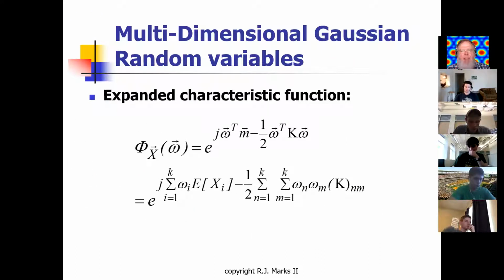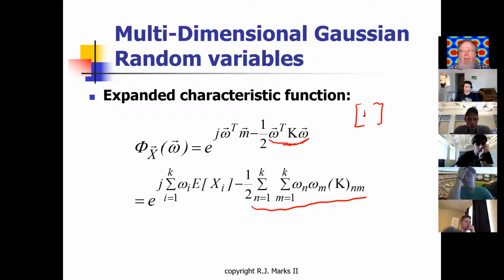Now, if we expand the characteristic function, we get the following result. We're taking this matrix vector multiply, if you will, and we are writing it out as the summation. So this would be the exact summation that you would do if you took this K and you took the omegas over here and you took the omega transpose here.